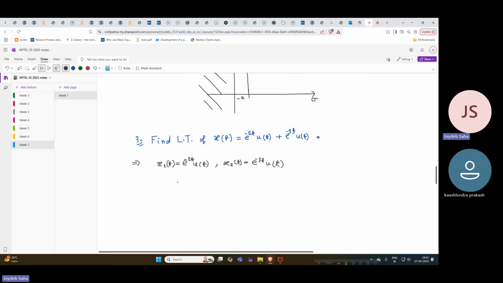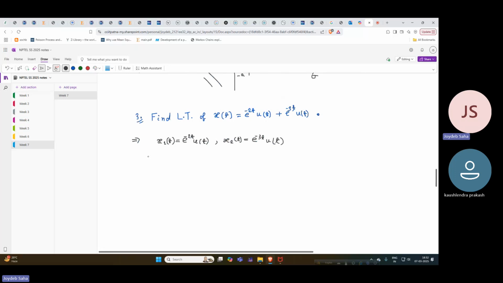Okay, so x(t) will be x1(t) plus x2(t). Is it fine?